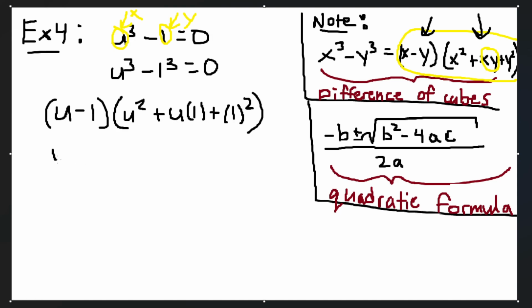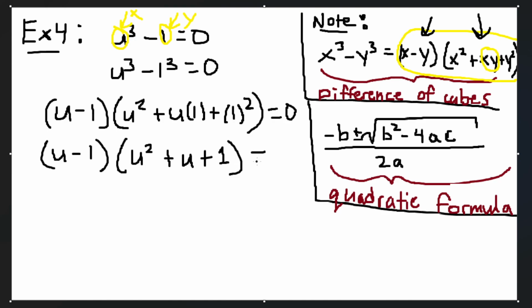So now we can simplify this further. u minus 1 times u squared plus u times 1, which is just u, plus 1 squared, which is just 1, equal to 0. Forgot to add that. Now, of course, if the question just says to factor it out, then this would be your answer.